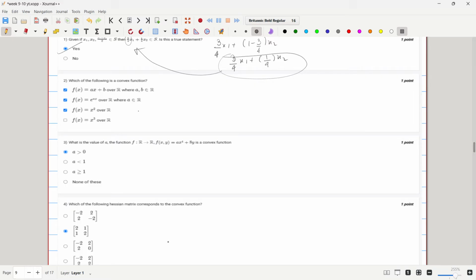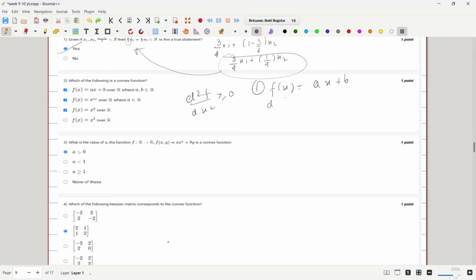Which of the following is a convex function? Another way to find whether a function is convex or not is that d square f divided by dx square should be greater than or equal to 0. Now, the first function is f(x) equals ax plus b.